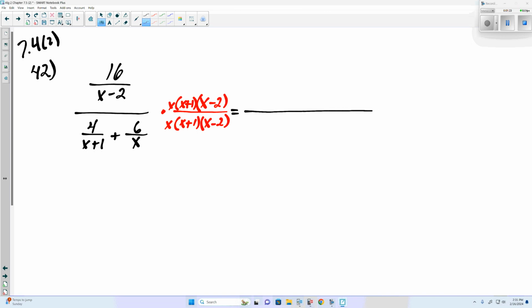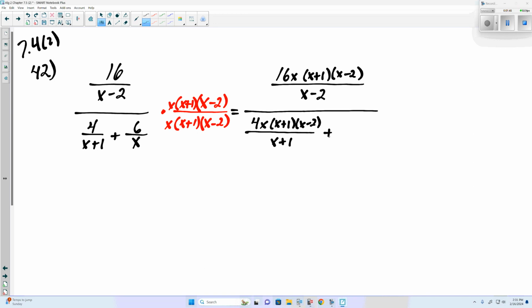Then we multiply this out with the numerators. The numerator would be 16x times x plus 1 times x minus 2, all over x minus 2. Our first numerator in the denominator would be 4x times x plus 1 times x minus 2 over x plus 1.